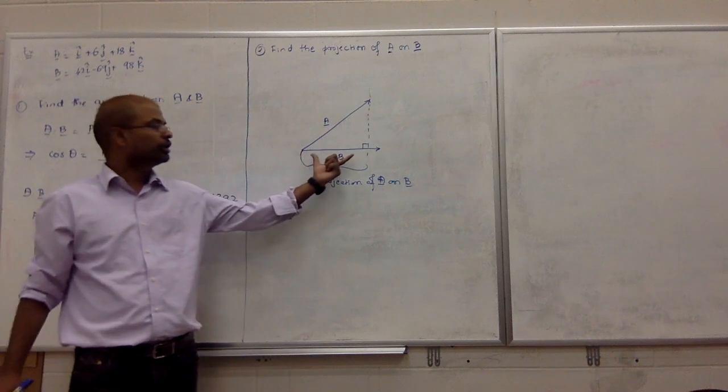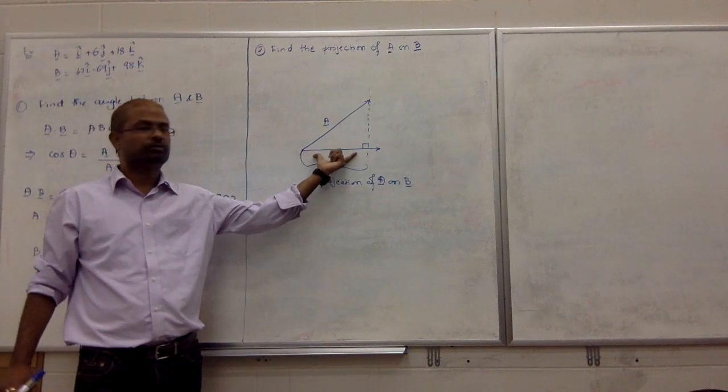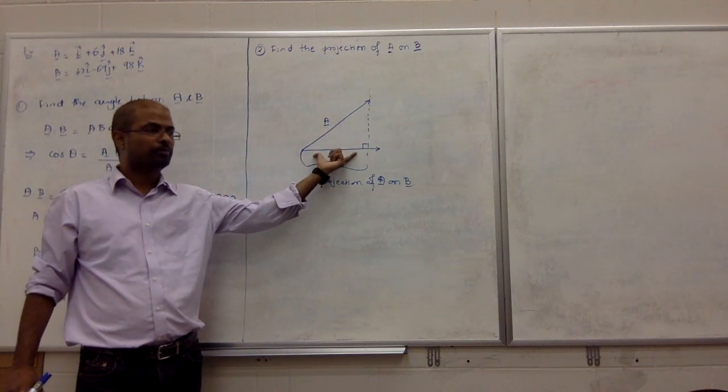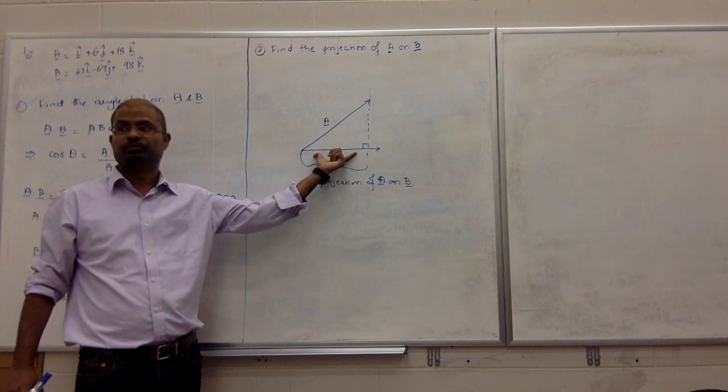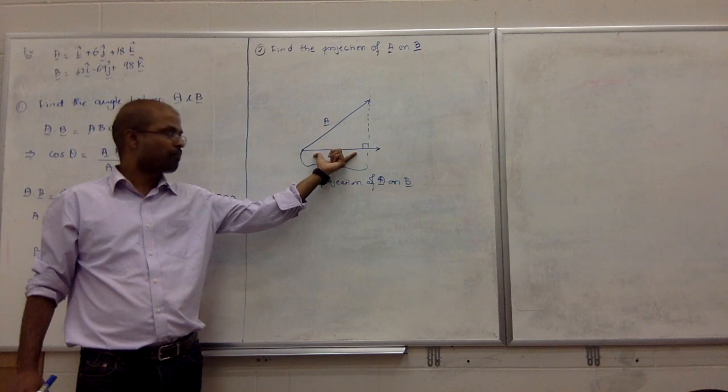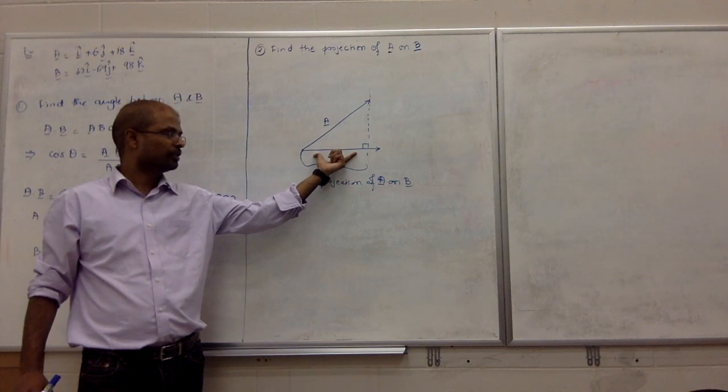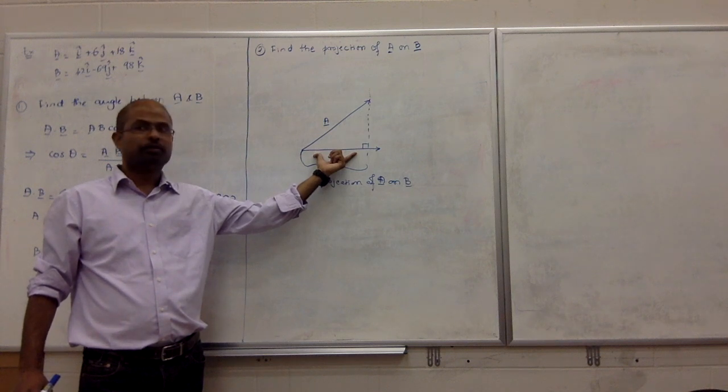What is this component? How do you calculate this component? You use the Pythagorean theorem. This is a right triangle, you put 90 degrees right there, so you use the Pythagorean theorem to find that side.